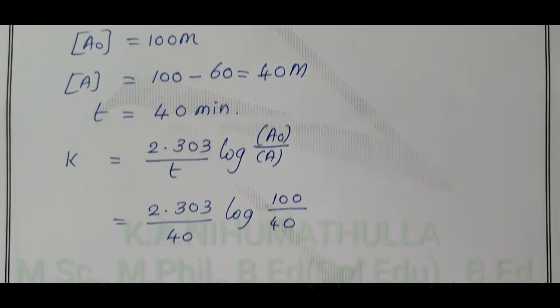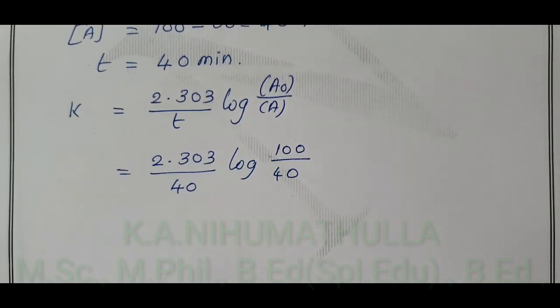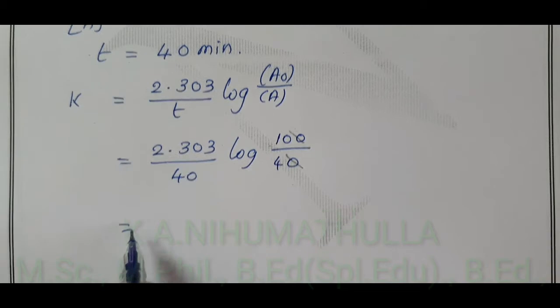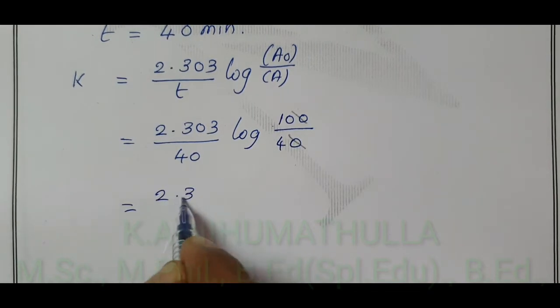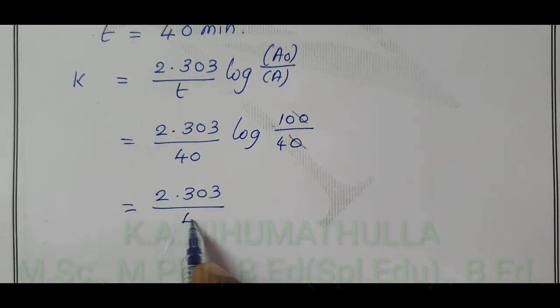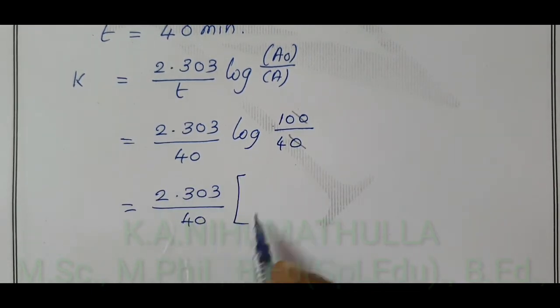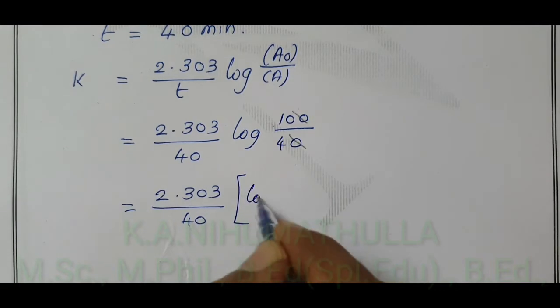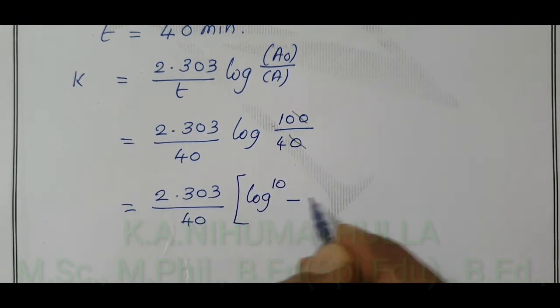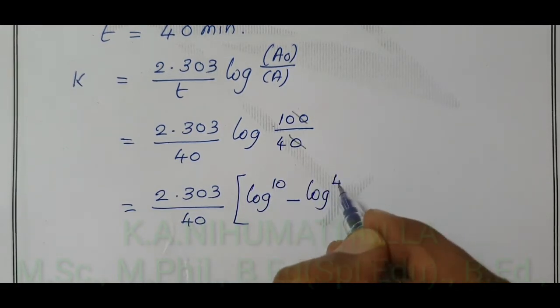We can cancel these two, the 10 gets cancelled. So, that is equal to 2.303 by 40 into log A by B, which equals log A minus log B.